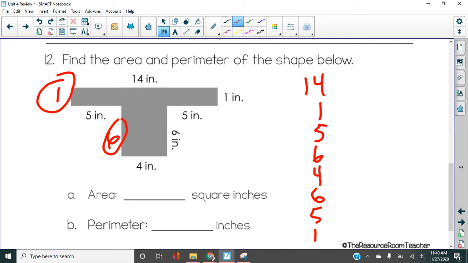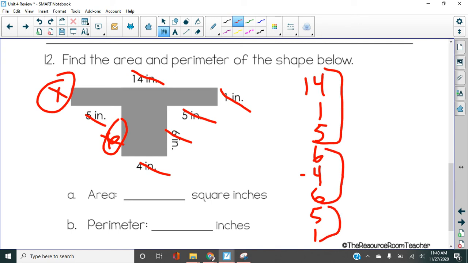In fact, you might, because you can cross out each number. I did a 5. I did a 6. I'm checking. I did 4, 6, 5, 1. Right. But don't try to add these up like this in one big stack. Break them into some smaller stacks. So I'm going to take these and these and these and add them together.